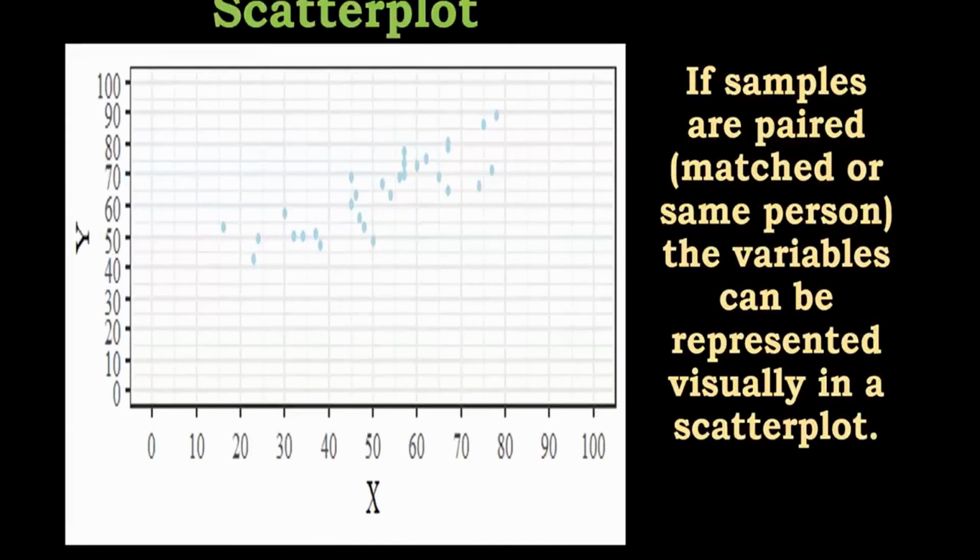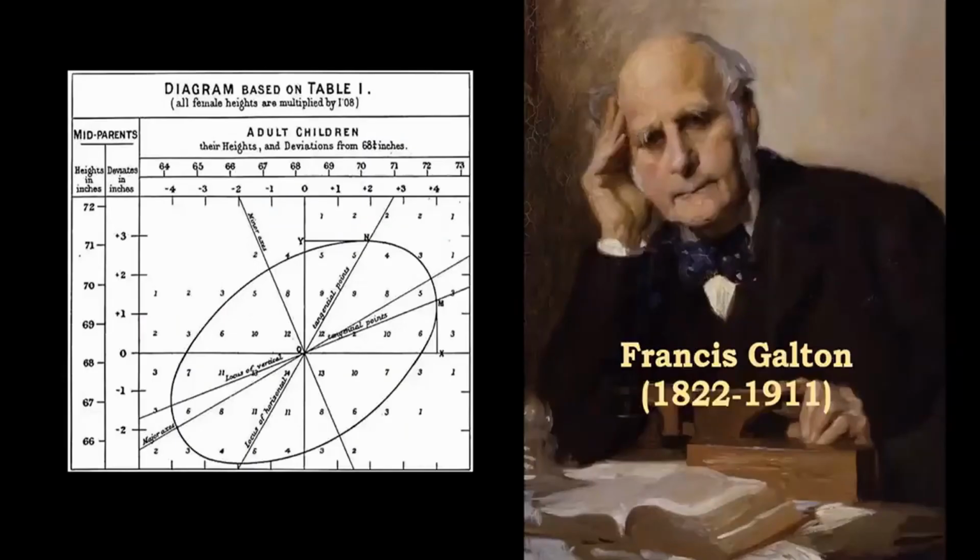So, for example, the point to the left of the slide, which is between 10 and 20 in variable x, is a person who measured between 10 and 20 in variable x and between 50 and 60 in variable y. And every point in the diagram is one person, showing the scores in x and the scores in y.